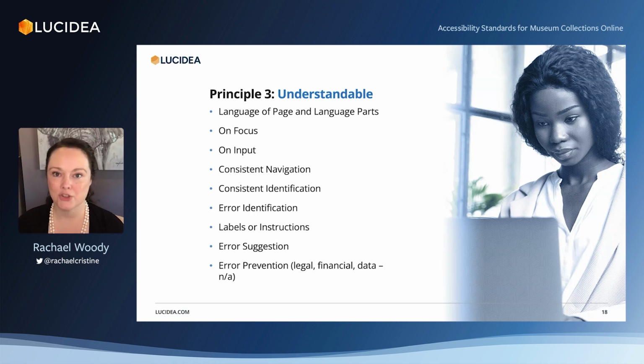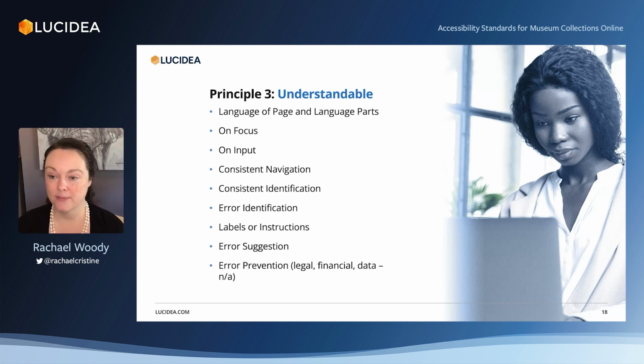Similarly, labels or instructions. So when there is user input available, and for us, that is usually always within our search or advanced search areas, providing not just good labels, but even some user instruction for how they can interact with and use those areas helps to improve usability as well as accessibility.